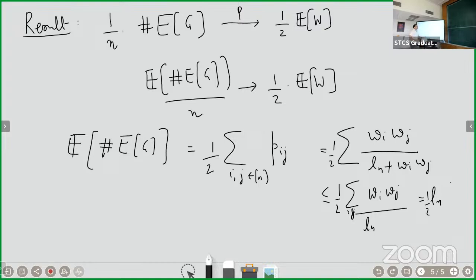So what you have to show is that this quantity is approaching l_n. That's all you have to show. Any idea why? Do whatever we have done so far. What is l_n by n?